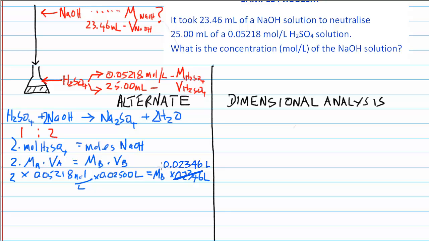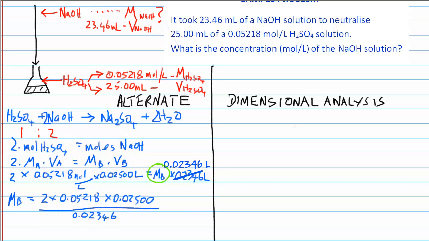So by rearranging the equation here, we can solve for the unknown quantity, the molarity of the base. So the molarity of the base, of the sodium hydroxide, is equal to 2 times 0.05218 times 0.02500 divided by 0.02346.